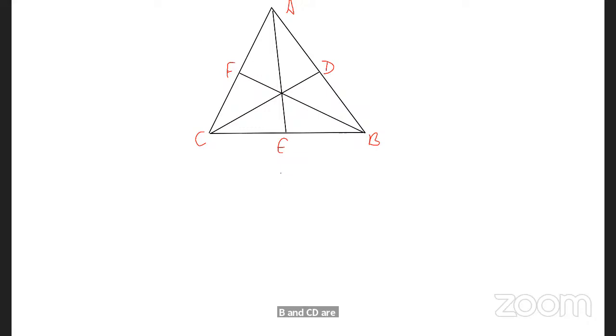Okay, every triangle has three medians. One from each vertex.